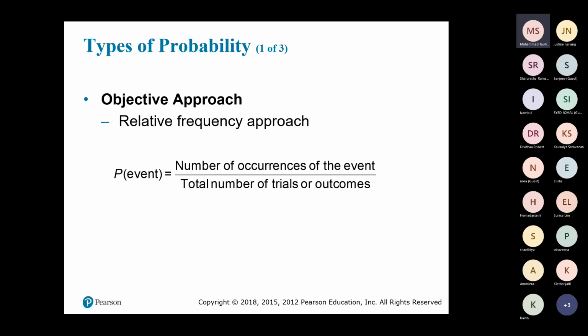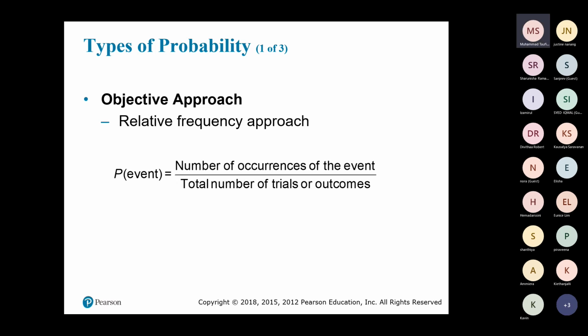The number of successful experiments is 2, divided by the total number of experiments, which is 10. Then you get 2 over 10, which is 20%. So that is the probability of you successfully running the experiment. 20% of your experiments are successful.